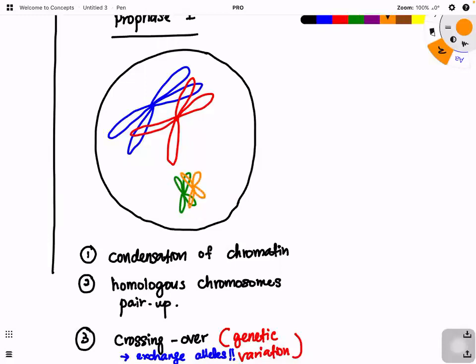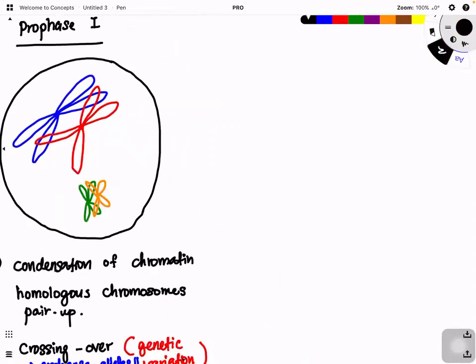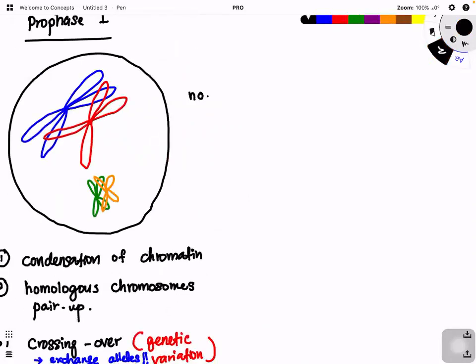If I want to ask you, what is the number of chromosomes? Because now we can call it a chromosome already. One red, one blue, one green, one orange, so equal to 4. But now each of them has 2 sister chromatids, so the number of DNA molecules, or sister chromatids, here will equal 8.